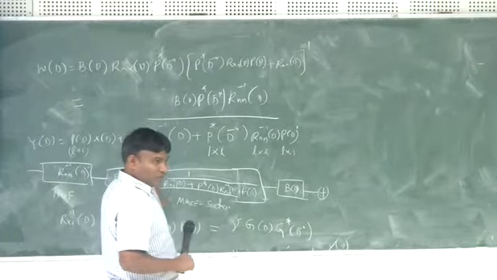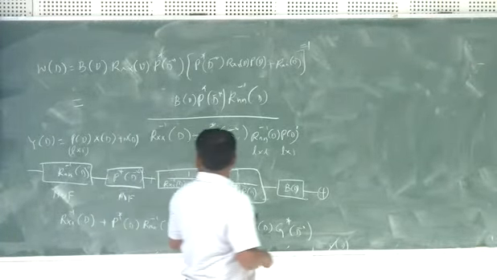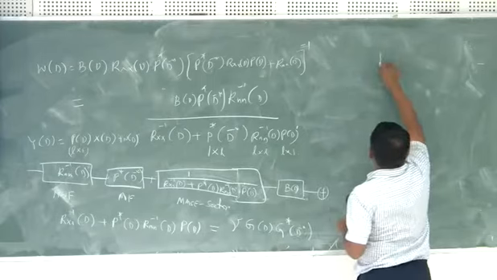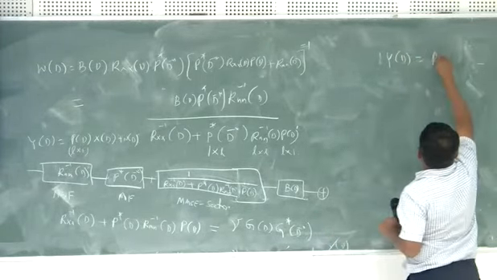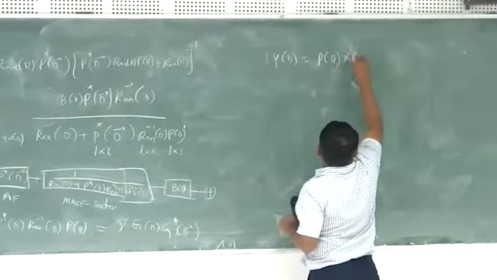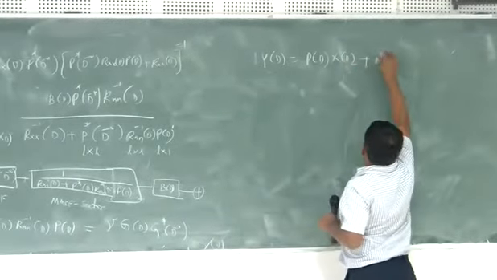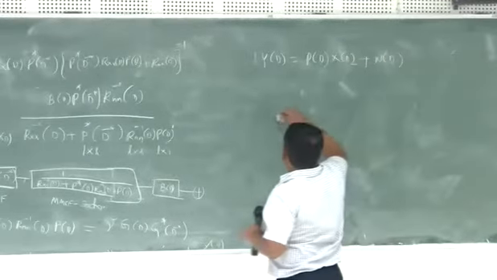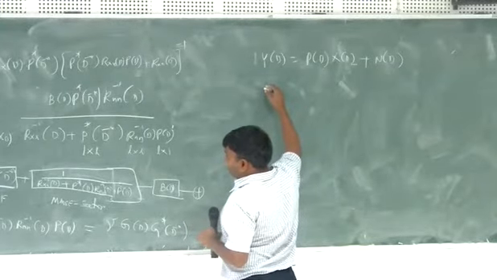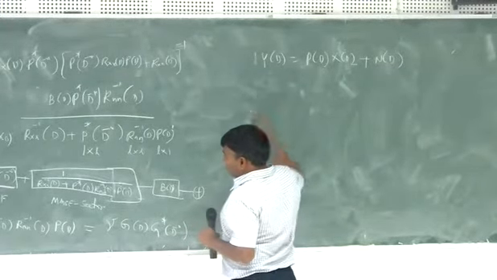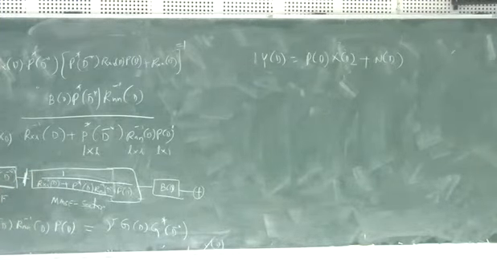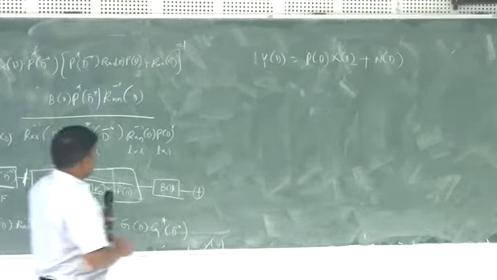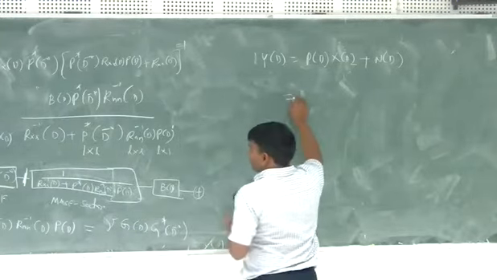Let's write down the covariance of the noise at this point. This part you have to use. Let us look at the system output at this point. So far I have put two filters. What is the filter here?